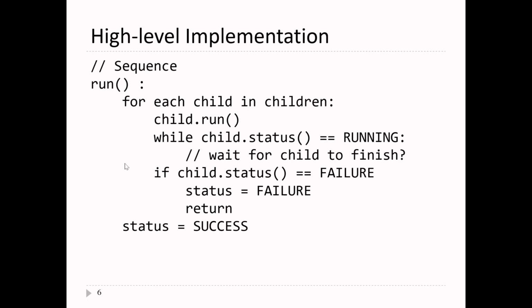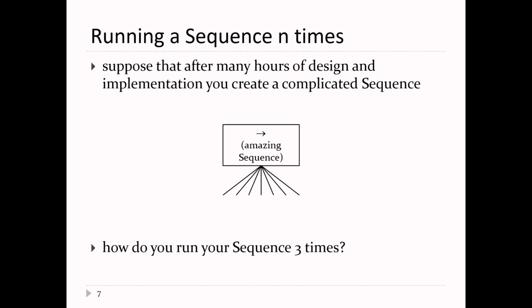And so if the status is failure, we know that the overall status of the sequence is to fail. If you can process all the child tasks and they all succeed, then you know the overall status of the sequence is success. You've performed every child task that the sequence wanted to run.